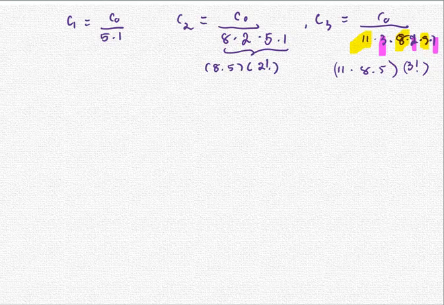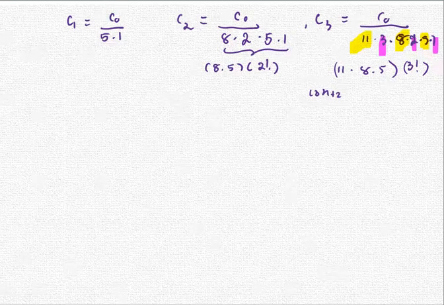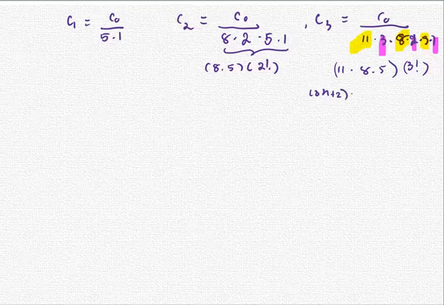And 11, 8, 5 are multiples of 3n plus 2, the 3 times 3, that's 3n plus 2 times 3n minus 1 and so forth until we get 8 and 5.